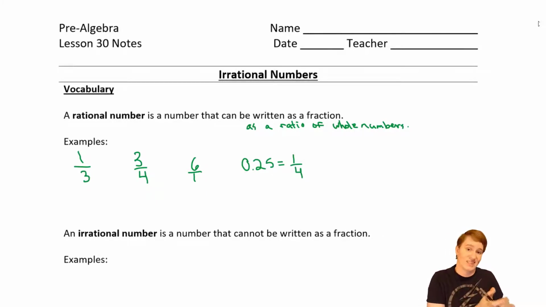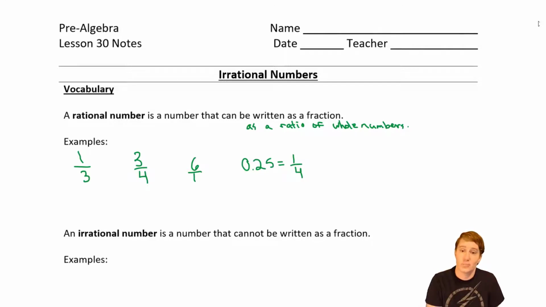So if we have a decimal that we can rewrite as a fraction, then that means that decimal is also a rational number. There's a relatively easy way to tell if a decimal is something you can write as a fraction. You can tell that a decimal is able to be written as a fraction if one of two things is happening. First, if it ends.